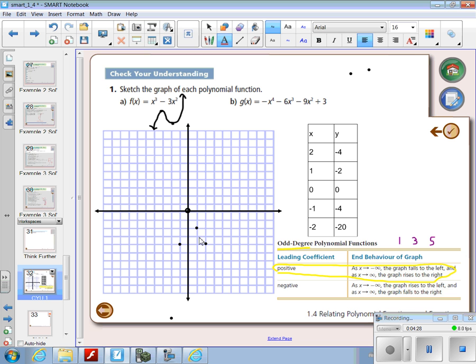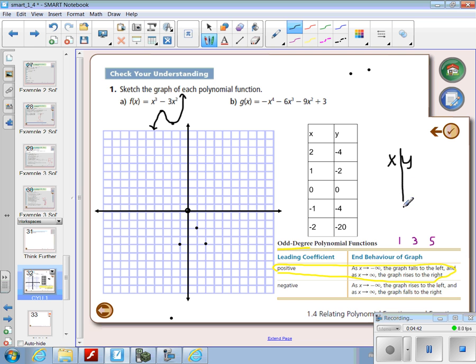So I'm going to come up with a couple more numbers just to make sure of that. I need a couple more bigger x values, like 3 or 4. I'm going to pick 4. So in my chart, I'll expand it over here: x of 4.